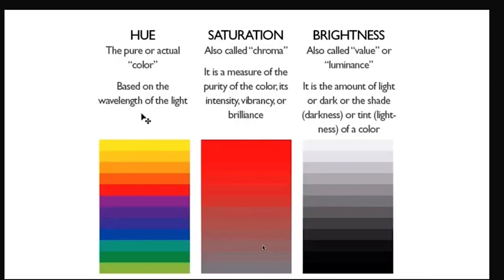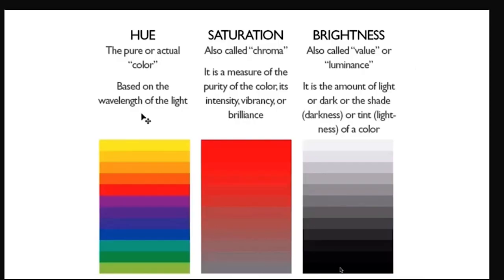So if I looked at an image and the reds were sort of this color right here, I might say those reds look desaturated. Or maybe those reds need to be a little more vibrant, which would just mean remove the gray and add more of the actual color. And then finally, our brightness value, also called value or luminance. And this is the amount of light or dark, or the shade or tint of a color.